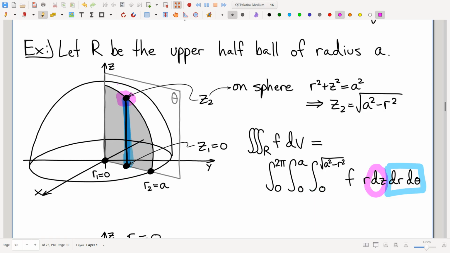That's, thank you, picture, the point that represents our last value of z. It's on the sphere. That's the upper part of the boundary of our half ball. Again, thank you, picture. That sphere has this cylindrical equation. Now, that's another callback, right? Chapter 1. You can write down the rectangular equation, then you convert to cylindrical coordinates. You get this. Make sure you're good with that.